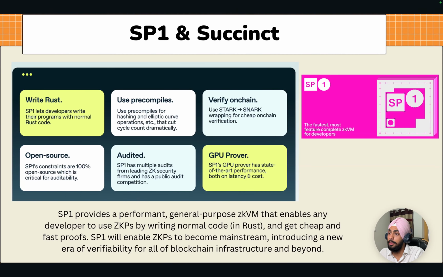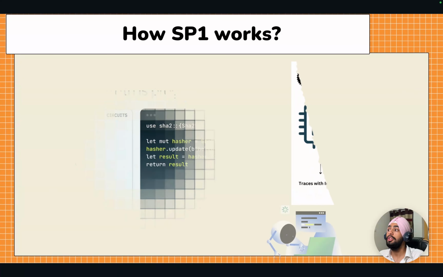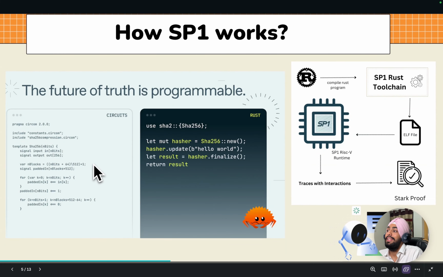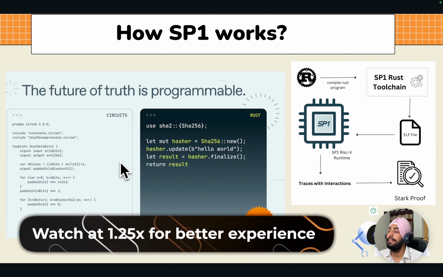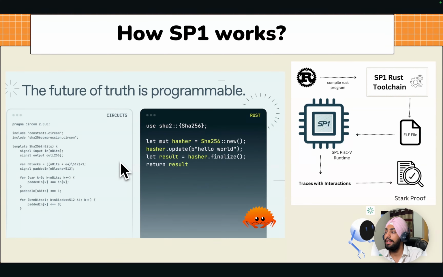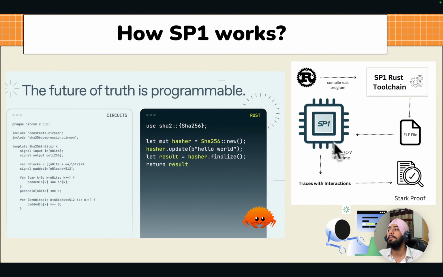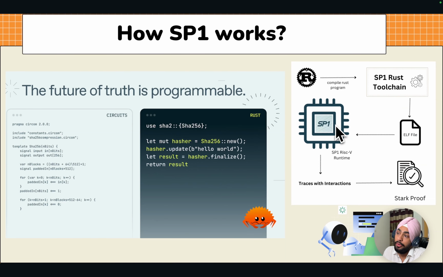So this is what SP1 is. In SP1, you just take the function you want to prove and write it in Rust, then it compiles the program to the RISC-V ISA and generates a RISC-V ELF file, right? So SP1 will prove the correct execution of arbitrary RISC-V programs by generating a STARK proof of execution.